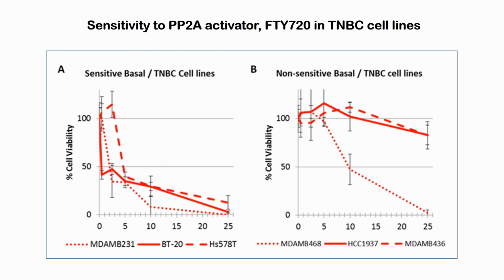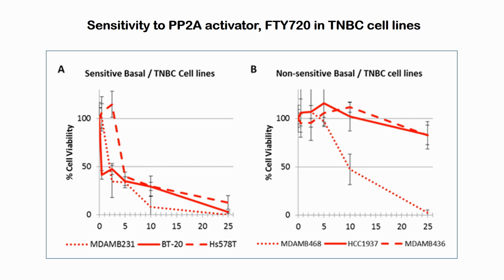So the importance of PP2A in breast cancer led us to look at the sensitivity of cell lines. In this case, I'm showing the triple negative breast cancer cell lines and their sensitivity to the PP2A activator FTY720.